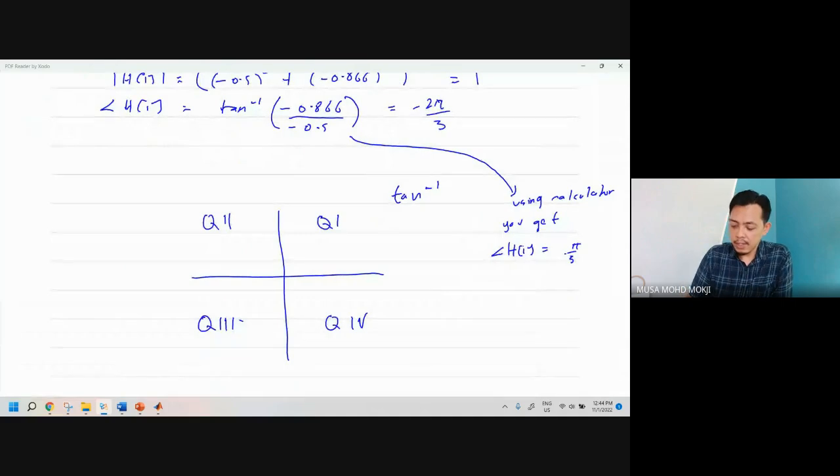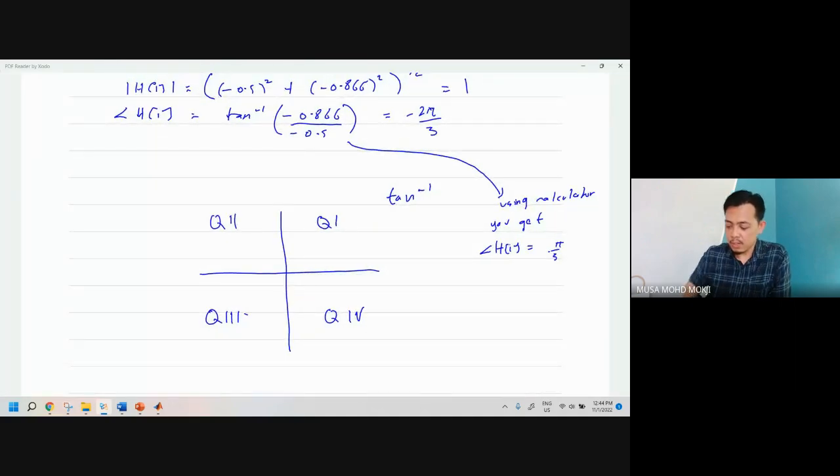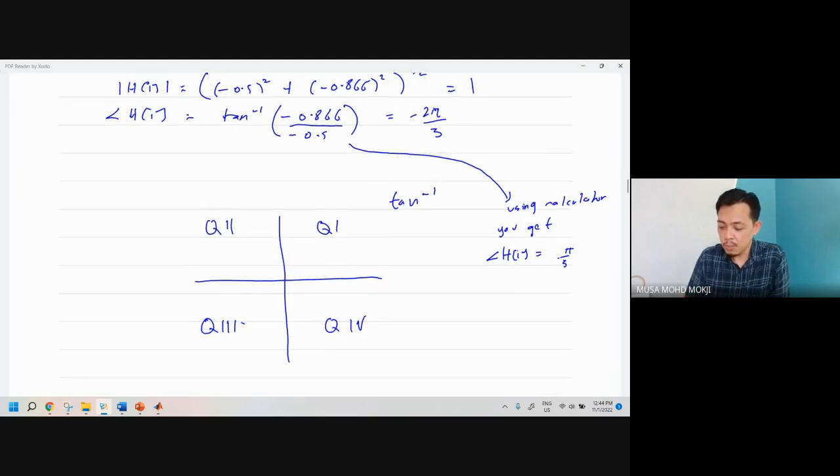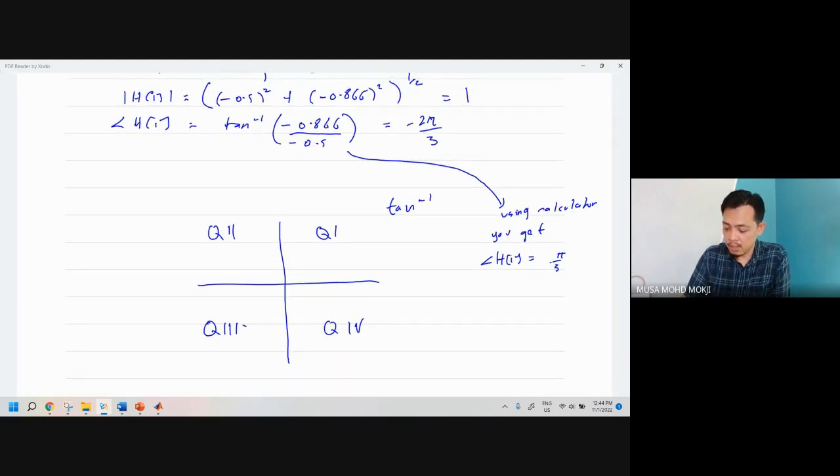So actually this one is only for Q1 and Q4. But in this one, negative 0.866 and negative 0.5, where is it? 0.866 is somewhere here, and the other one, minus 0.5, is here. So it is somewhere here.